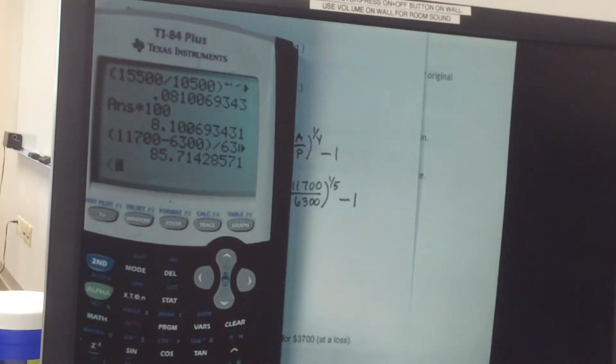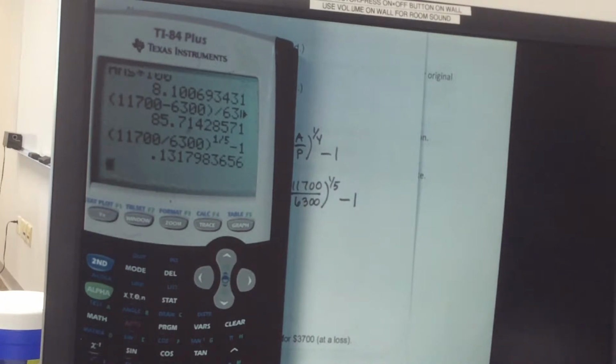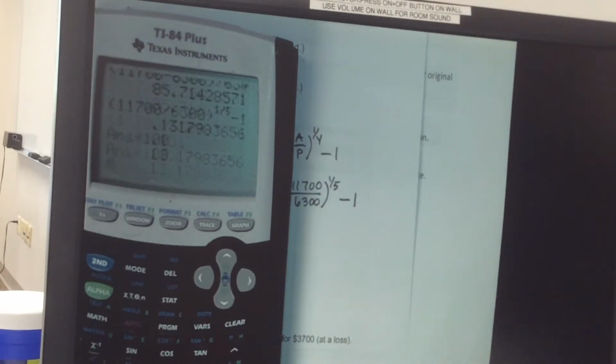So if I do left parentheses 11,700 divided by 6,300, close parentheses, hit your hat key for the exponent, and then 1 divided by 5, that'd be to the 1/5 power. Use your right arrow key to get out of it, then minus 1. Now, I'm also going to multiply by 100 because they want this as a percent.